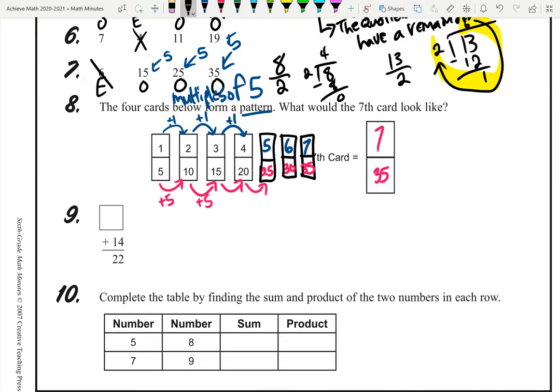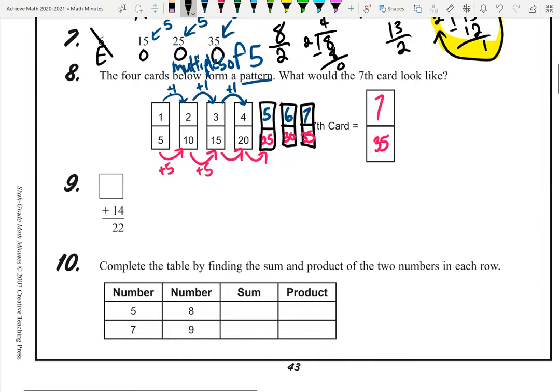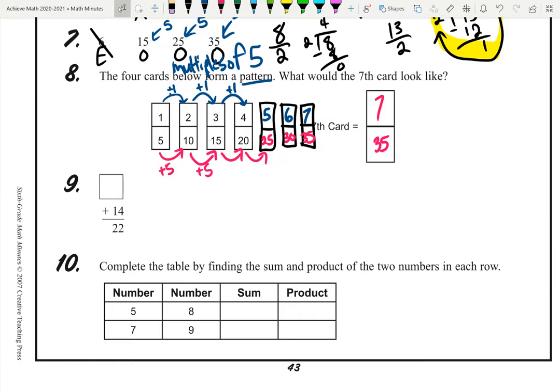Number 9. What number plus 14 is 22? This could be the same as saying x plus 14 over 22. This would turn into x plus 14 equals 22.